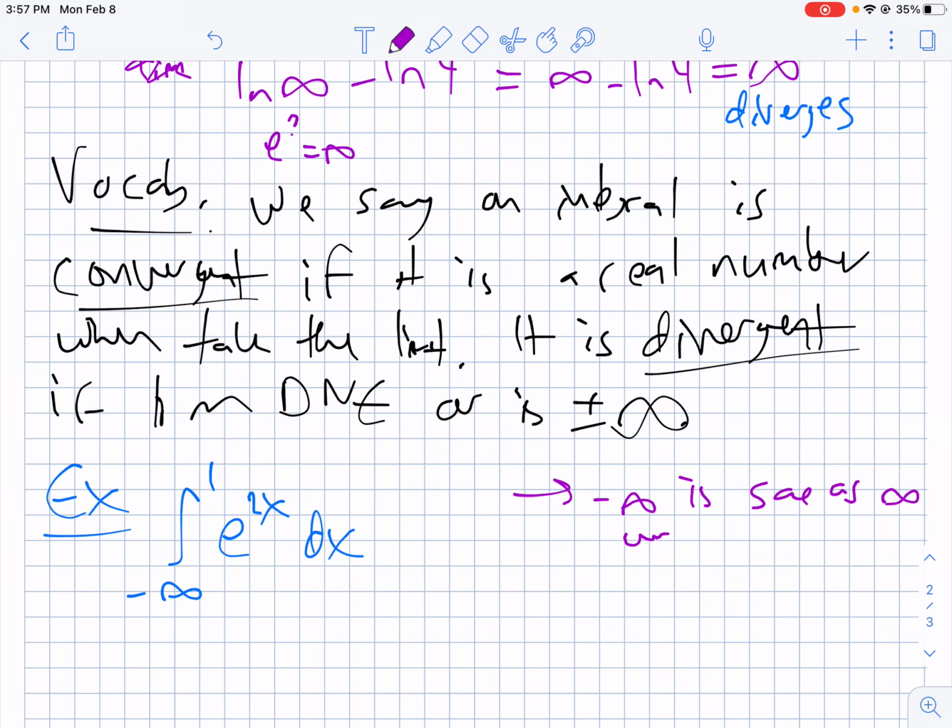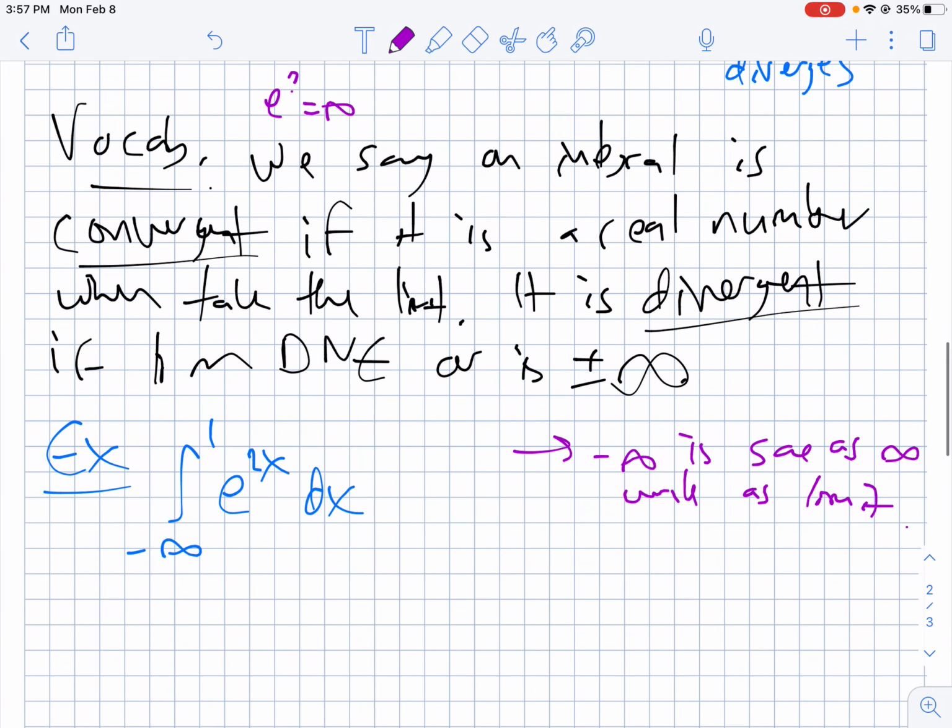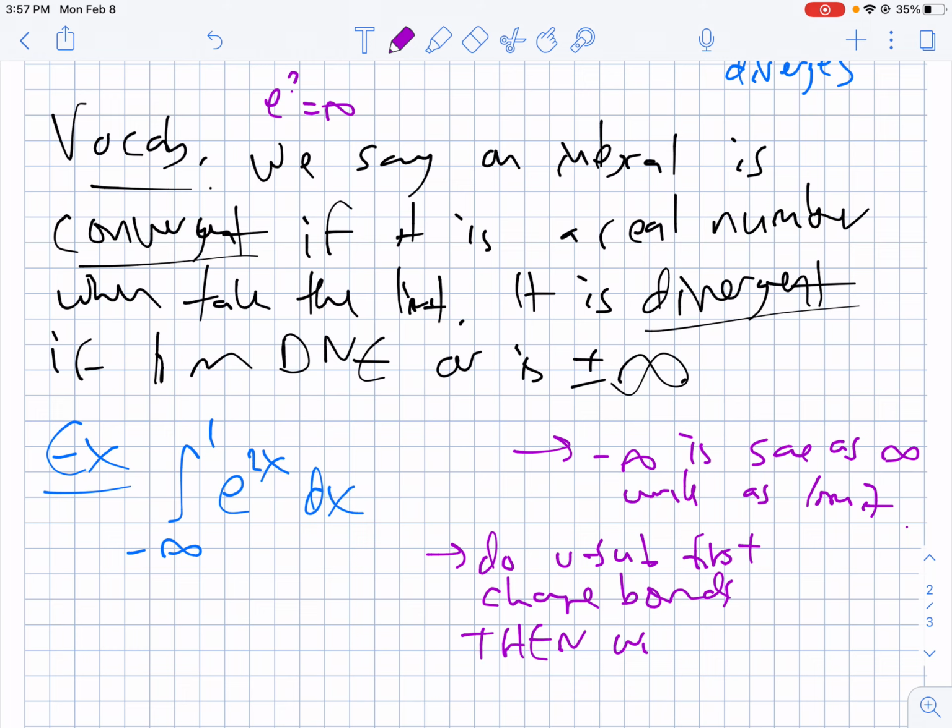You're just going to write it as a limit. The other thing I wanted to remind you on this type of problem, to make your life easier: do the u sub first, including changing the bounds, and then write it as a limit. That's going to make the process of taking the limit easier, because your u is not going to be all messed up.